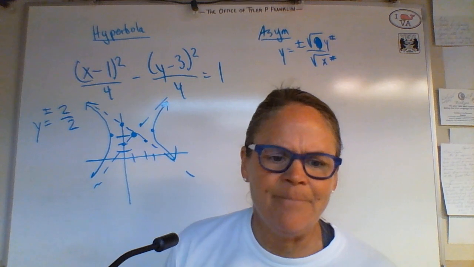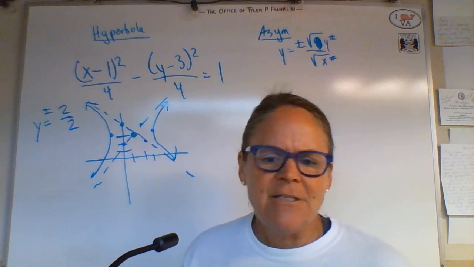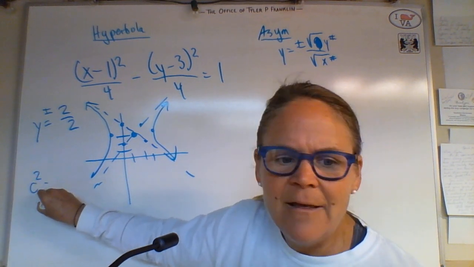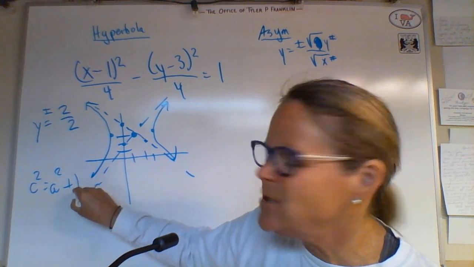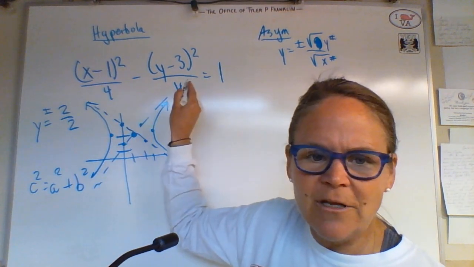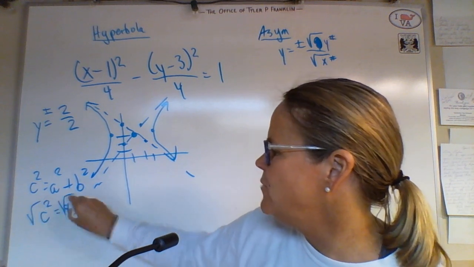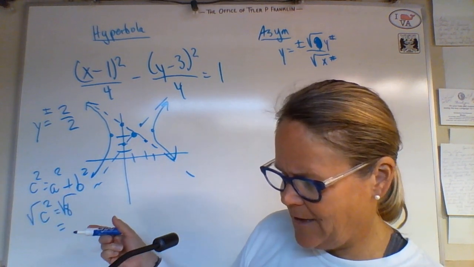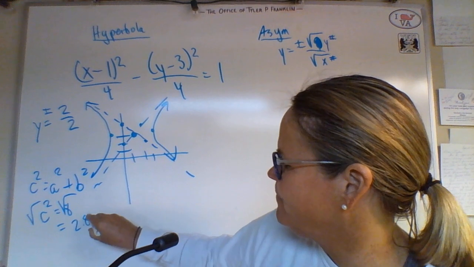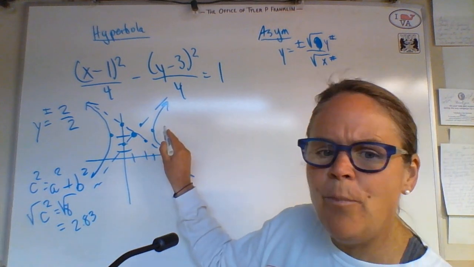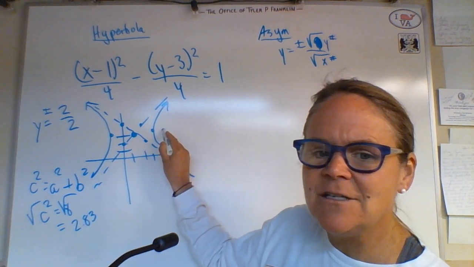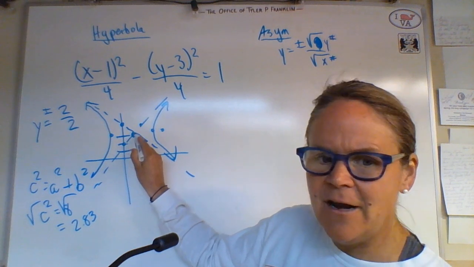and there's my hyperbola. Foci: c squared equals a squared plus b squared. So 4 plus 4 is 8. Square root of 8 is 2.83. So that's 2.83 spots from the center.